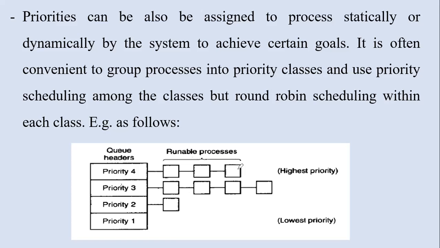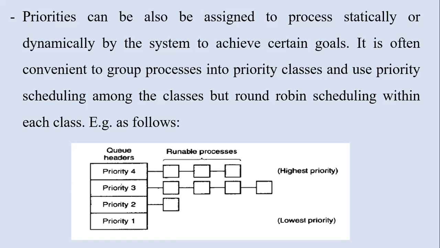And therefore, that's why we are saying that the priority algorithm is both preemptive and non-preemptive. If processes are in the same queue and they have the same priority, they will be attended to on a first come, first served basis, where a process is attended to up to completion.